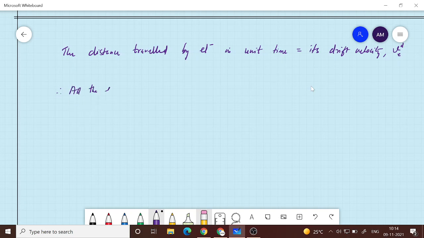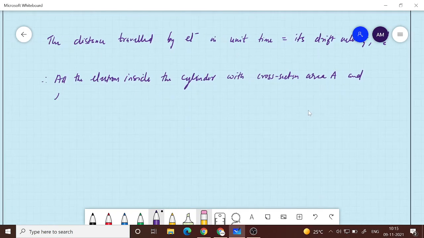All the electrons inside the cylinder with cross section area A and, since the cylinder is in the x direction, length V_d E will cross the section in unit time.